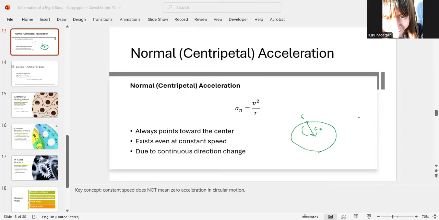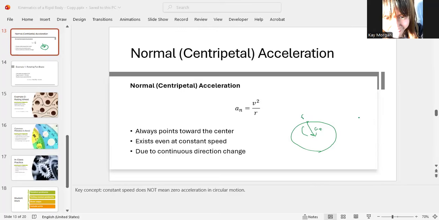So now your object in this case is moving at a constant speed. Even if it is moving at a constant speed, it has to continually change direction. For acceleration, we're looking at the change in the velocity. The change in velocity doesn't mean only a change of value.